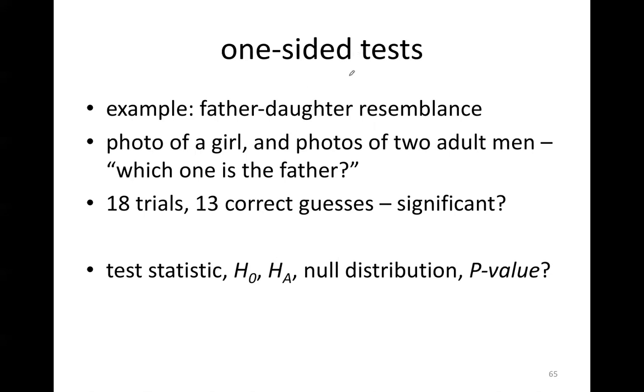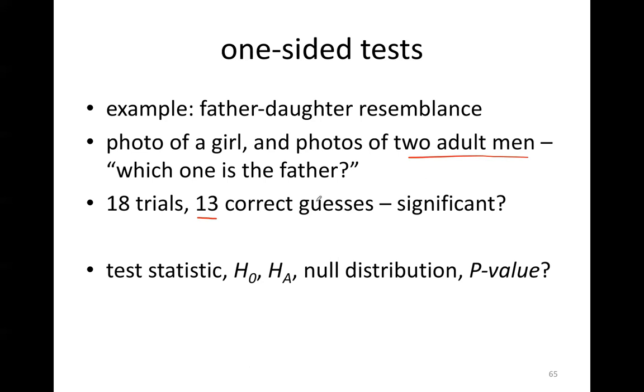So there's one example. It's analogous to the toad-handedness example, again we have an event with an outcome of two states. People are shown the photo of a girl and then the photos of two adult men, and then they're asked which one is the father. This is repeated 18 times on 18 independent people, and there are 13 correct guesses and 5 wrong guesses.